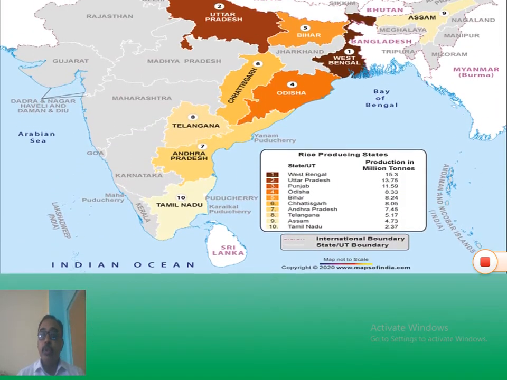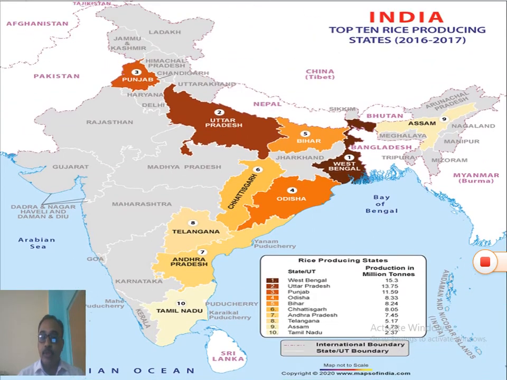Next, we move on to the distribution of rice. If you see the colored part, the largest producer of rice is West Bengal. Then we have Uttar Pradesh, Punjab, Orissa, Chhattisgarh, Bihar, Andhra Pradesh, Telangana, even Assam. West Bengal, Bihar, UP all fall in the northern plains.